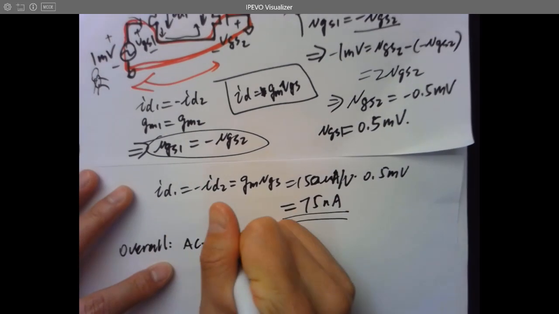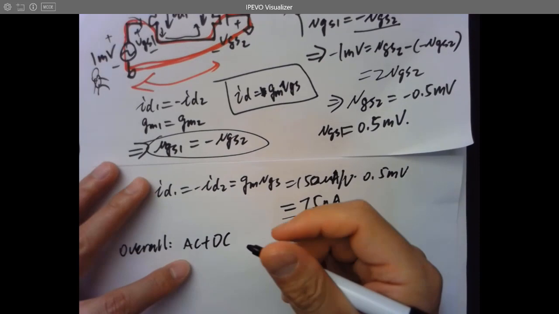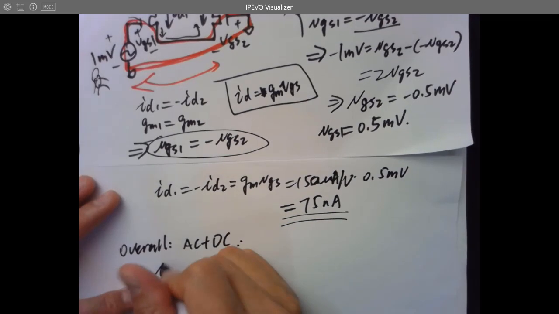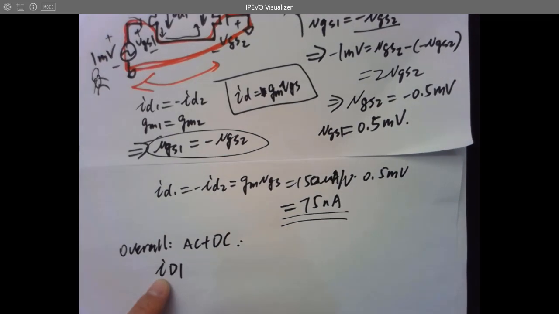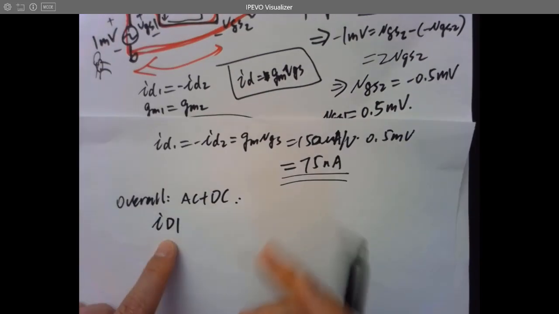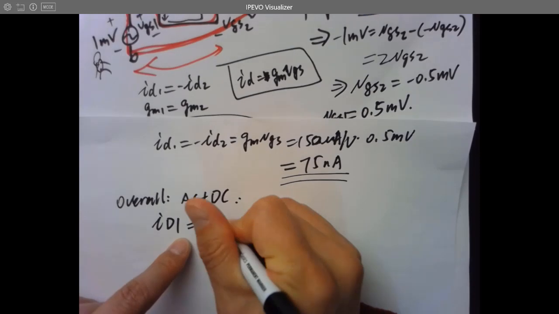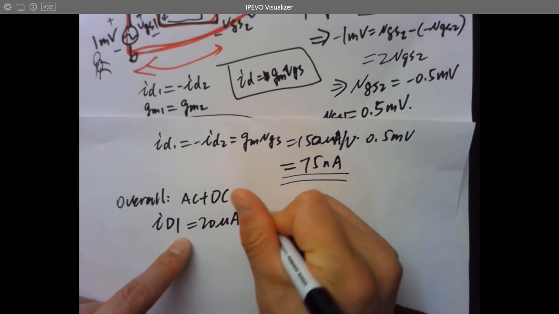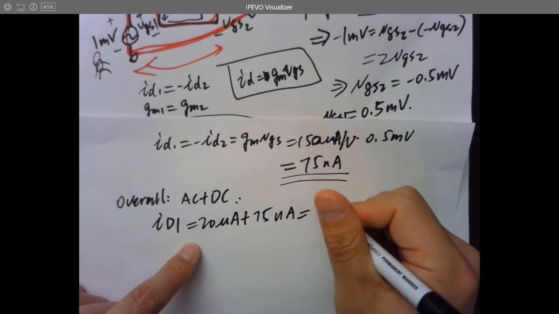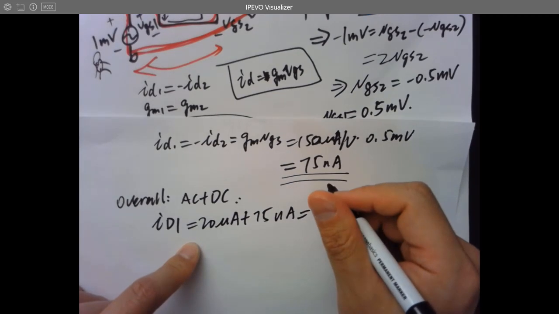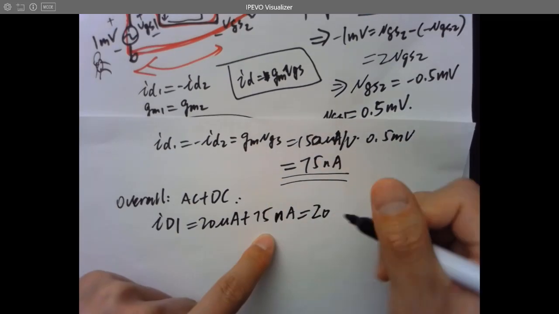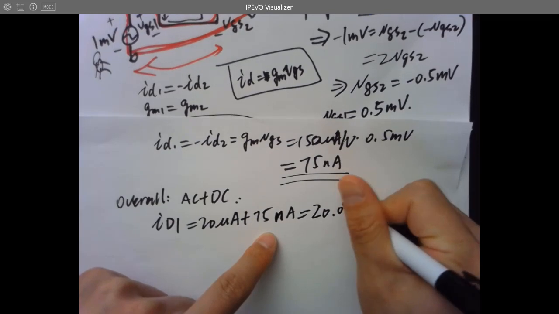AC plus DC for the entire circuit. ID1, keep in mind, I'm using lowercase i but uppercase D, which means it's the AC and DC signal combined together, which is 20 microamps plus 75 nanoamps, which is 20.075.